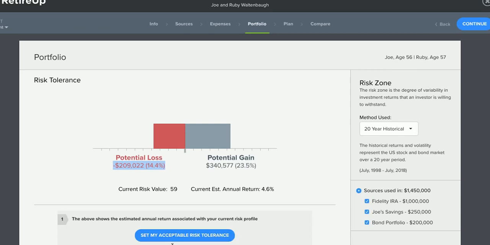So the way that we've approached this with the 95% confidence interval is said, look, in the next 12 months, Mr. and Mrs. Client, you can make upwards of $340,000 over that year period, in a bull market. But you have just as much likelihood statistically to lose $209,000 in that same year. Are you comfortable losing $209,000 in the next 12 months?